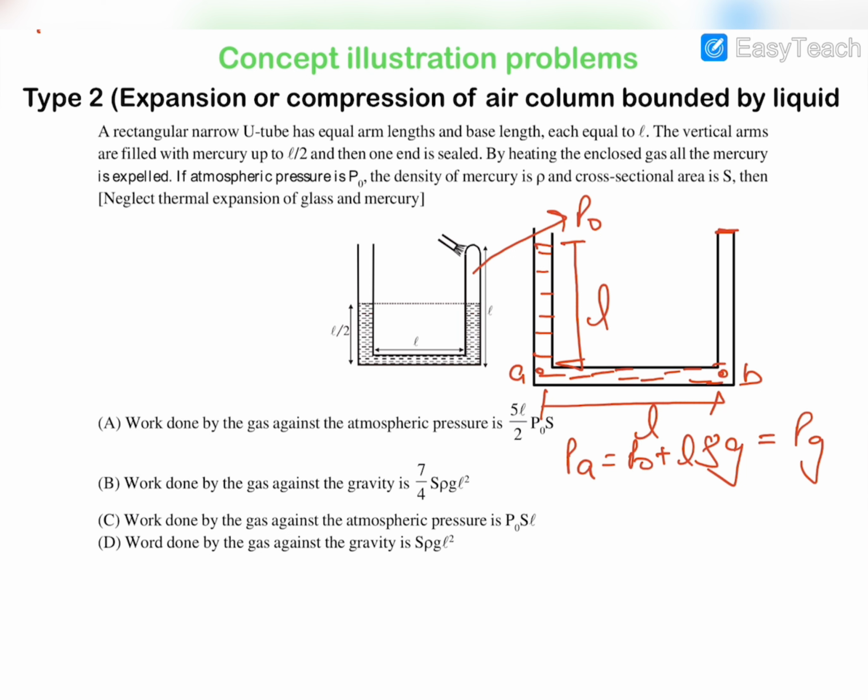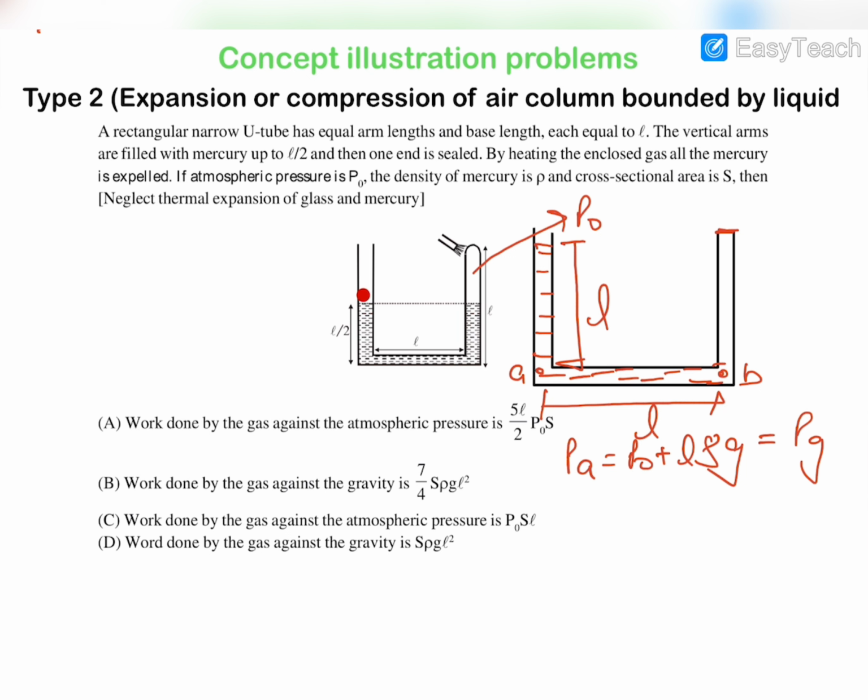So in such kind of process, if we need to find out the work done, we do not try to use thermodynamics laws. In fact, we use the situation that the gas is doing work against two forces which are restricting the gas.